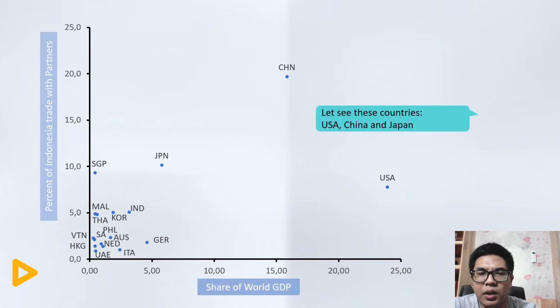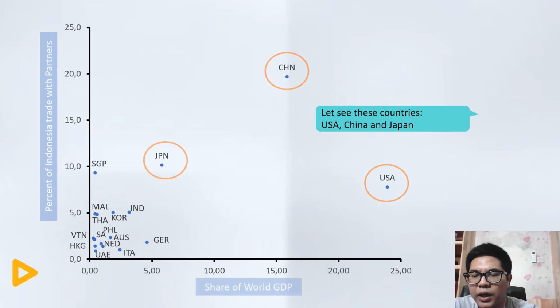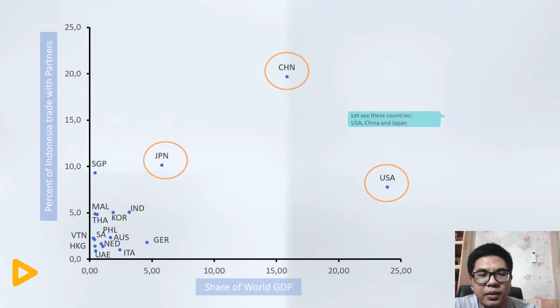Then what could we analyze from this graph? Let's see, these countries: USA, China, and Japan. What could you make of that? Why does Indonesia do international trade transactions with these countries? It's simply because these three countries are the current big players in the world economy.